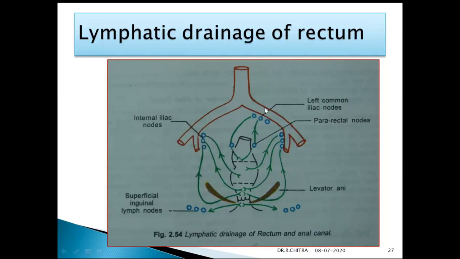So these are the right and left internal iliac lymph nodes. The nodes adjoining the rectum are called pararectal lymph nodes. So this completes the arterial supply, venous drainage, and the lymphatic drainage of the rectum.